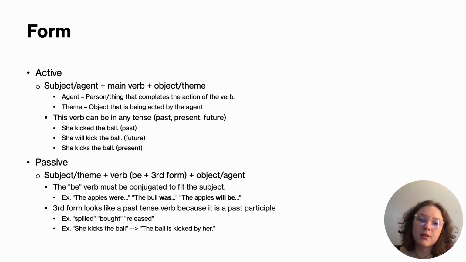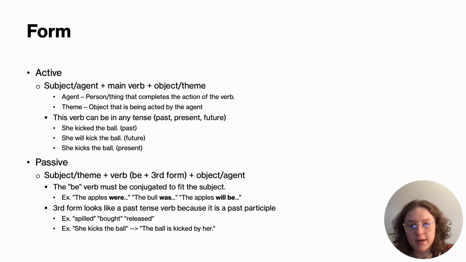And then the third form looks like a past tense verb, so we want to be very careful because it can be confusing that might be our main verb of these passive sentences. So going back to the example sentences from slide 1, we had spilled, bought, and released, which are all past participles instead of main verbs. So a participle is just a verby thing, but it isn't a main verb.